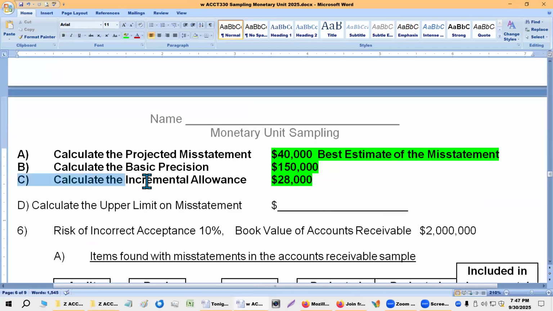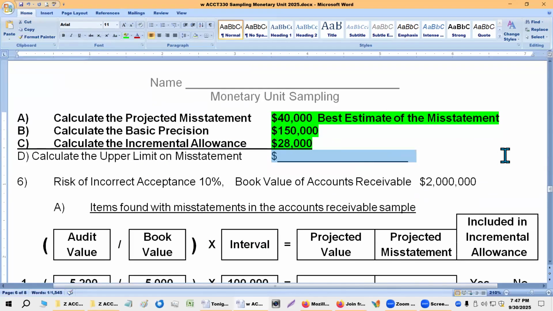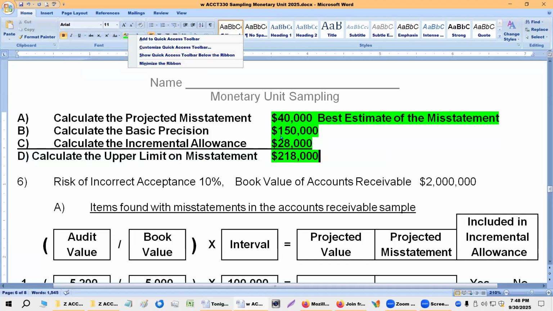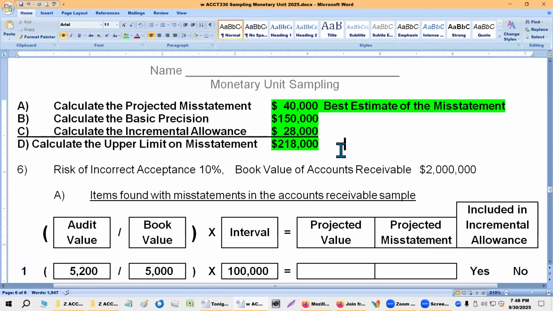So our upper limit will be $218,000. I think that's right. $190 plus 20, yeah, I think that's it. So this would be our upper limit.